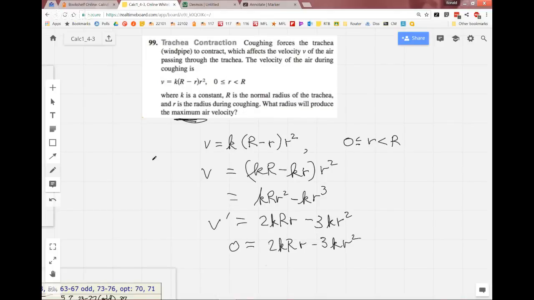We would add 3kr squared to both sides. All right, now we can what? Divide both sides by k. Divide both sides by r.